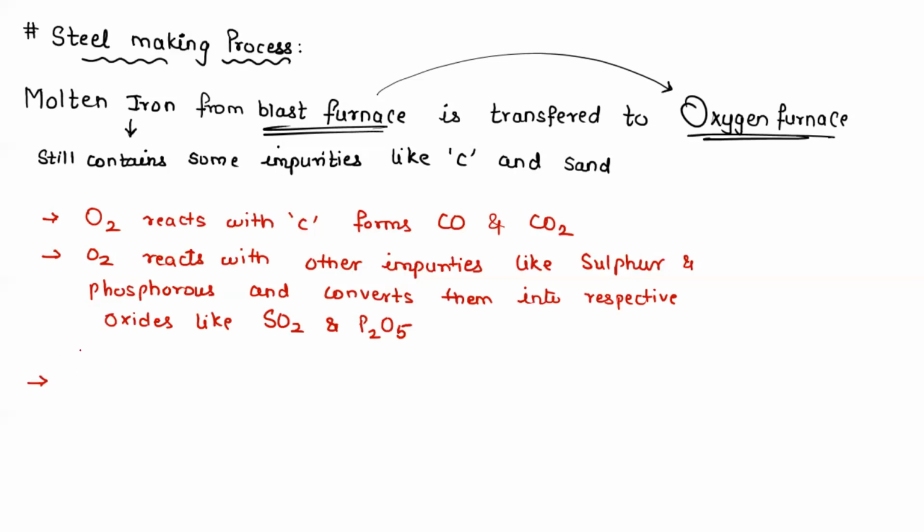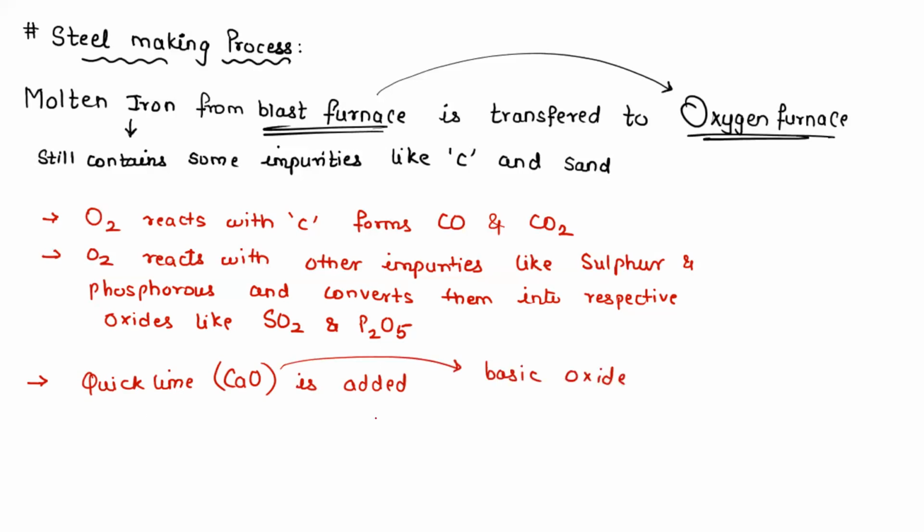And then the last thing, what is done? Quicklime, which is calcium oxide, is added. Why? Because calcium oxide is a basic oxide. Why is it added? To remove the acidic impurities, which are SO2, P2O5, and SiO2.